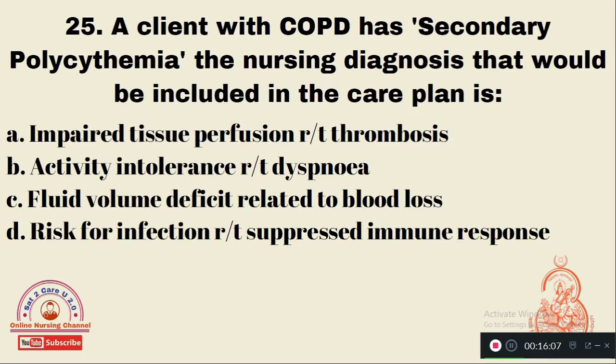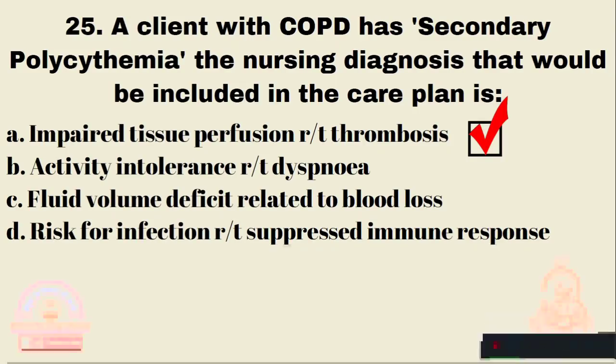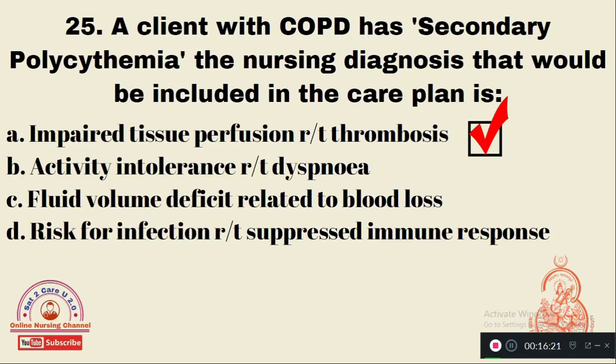So in a COPD patient with secondary polycythemia, the primary nursing diagnosis will be option A, impaired tissue perfusion related to thrombosis. Thrombosis is associated with polycythemia, and impaired tissue perfusion is also related to COPD.